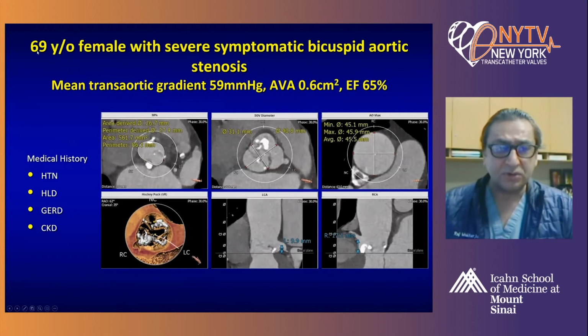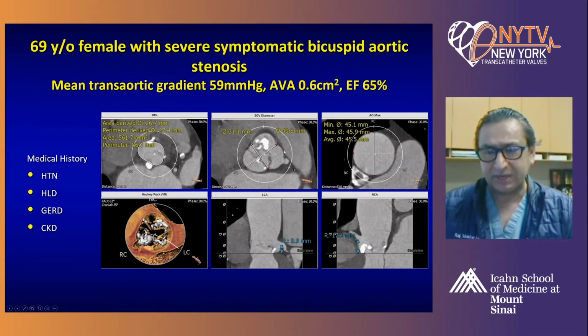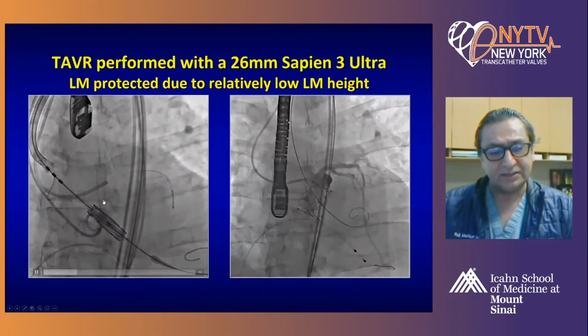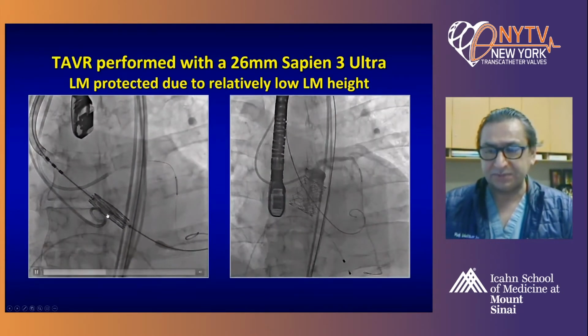And to get a little bit more controversial, here is a 69-year-old patient who has aortic stenosis. Once again, the left main height was 9.9, but the sinuses were quite large. And this patient wanted a TAVR, and we did go ahead and offer a TAVR to this particular patient.